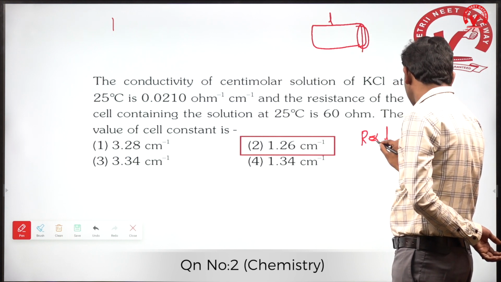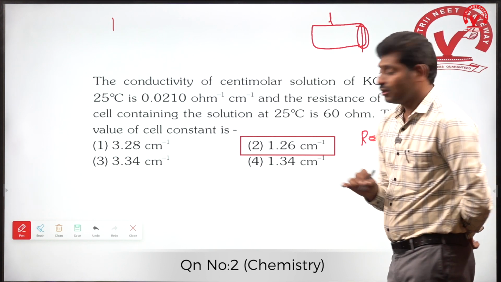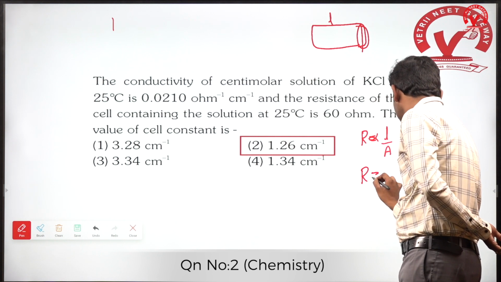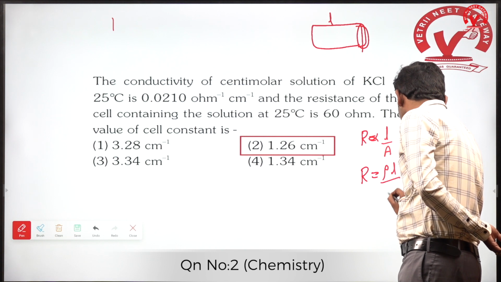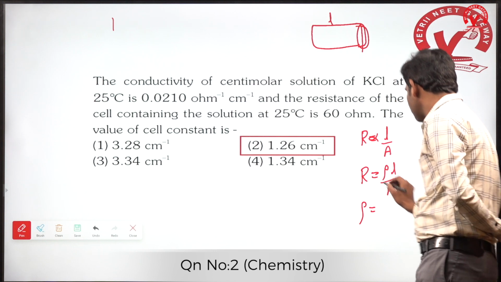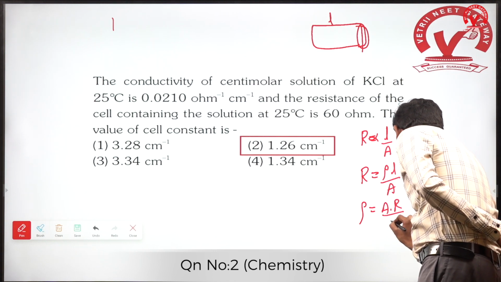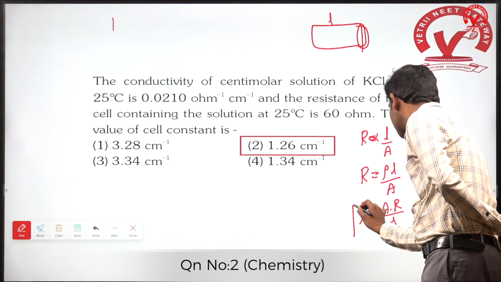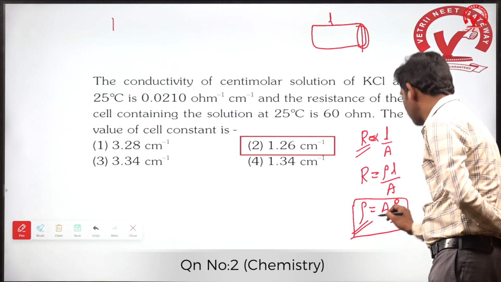So R is directly proportional to L and inversely proportional to A. If we remove the proportionality constant, we can write R equals rho L by A. So rho is equal to A into R by L. This is the resistivity.